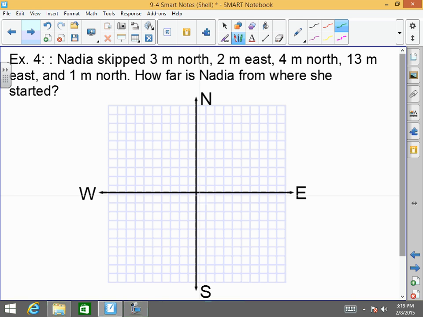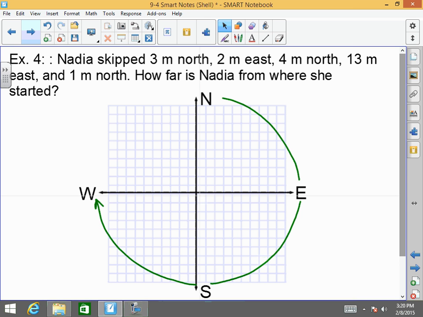Okay, example 4. Nadia skipped 3 meters north, then 2 meters east, then 4 meters north, then 13 meters east, and 1 meter north. Okay, I put this grid up here just to show you the never eat soggy waffles: north, east, south, and west. I always remember it by saying that phrase, never eat soggy waffles.